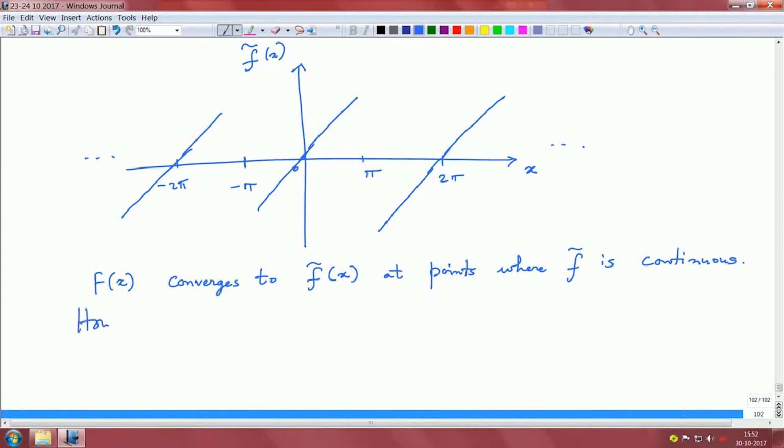However, we have discontinuity points at plus minus k pi where k is some integer.